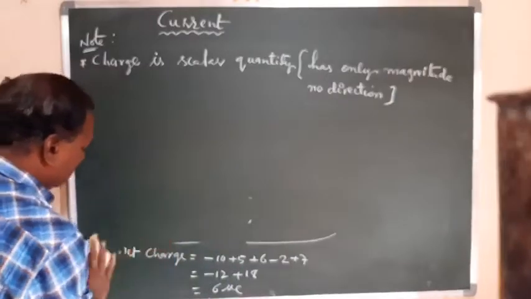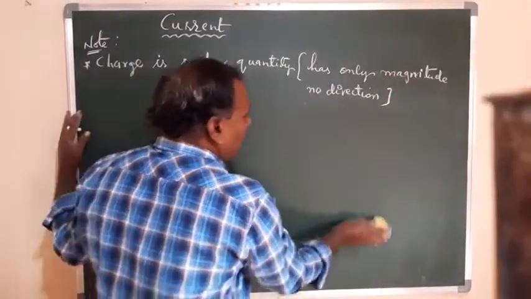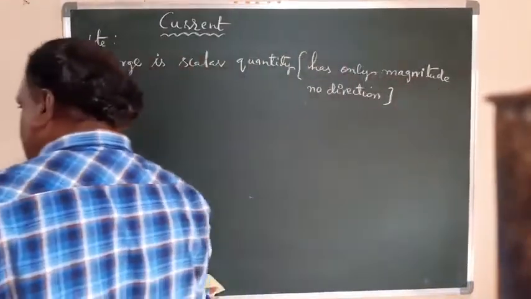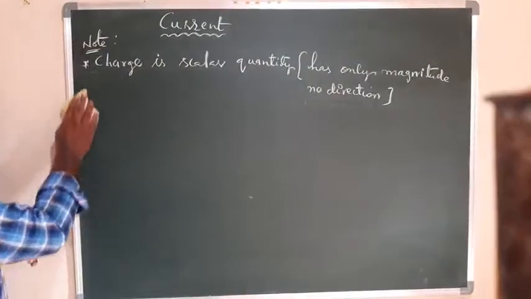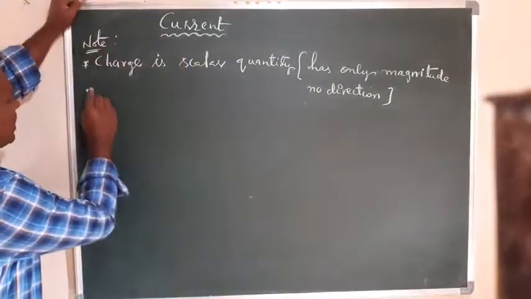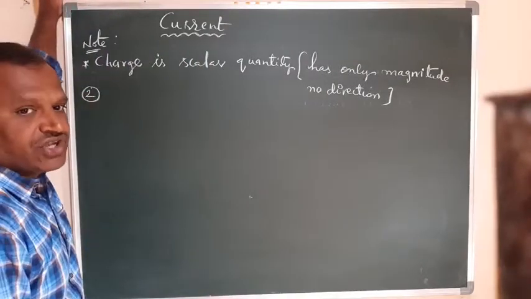Next, the charges may be attractive or repulsive based on their nature, right? Based on the nature of the charges, they may attract or they may repel. So here I can put the second one. Like charges repel, unlike charges attract.